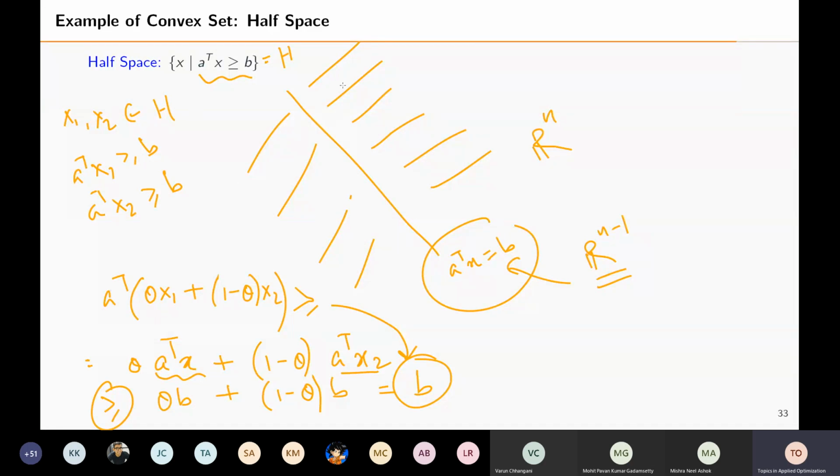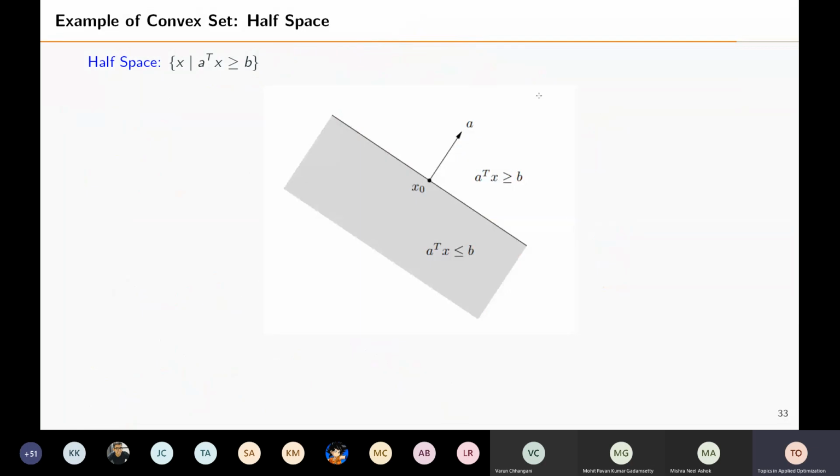Okay, it was evident from here because if I imagine this space, I take any 2 points, the line joining is there. So intuitively, it was clear. Okay, so this is a geometrical view of the half space. So I have this figure here.